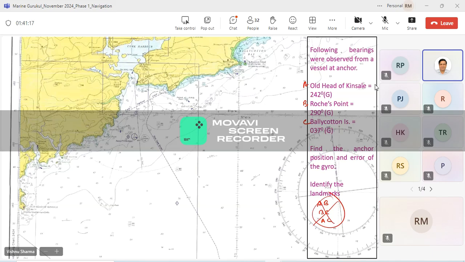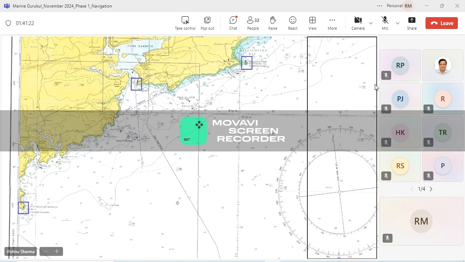What am I trying to say? Let me locate these 3 points on the chart. Here is Old Head of Kinsale, here is Roche's Point, and here is Ballycotton Island. Look at the chart. Which is in the middle, in between the 2? I'm sure you'll agree Roche's Point is in between, right? So ideally you should pair Roche's Point with Old Head of Kinsale, and Roche's Point with Ballycotton Island.